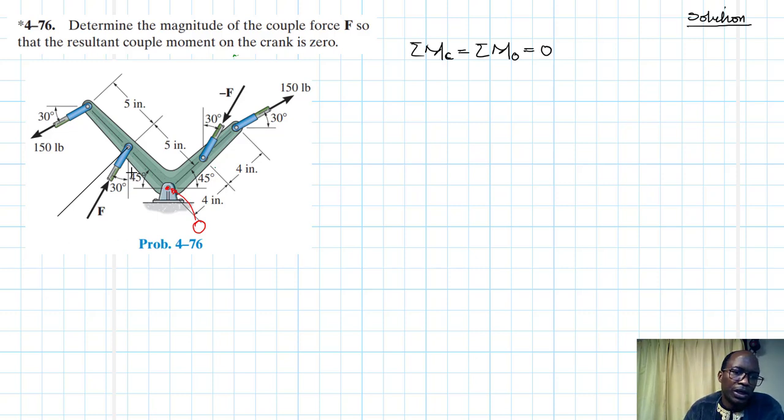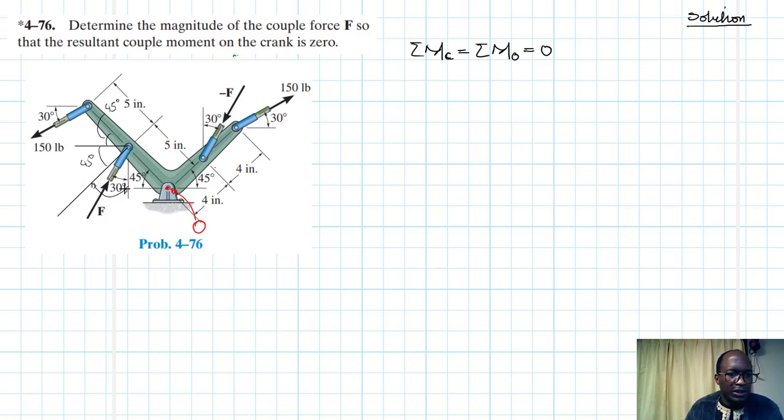That is the perpendicular line to this particular member, and we know that this angle here is 45. If that is 45, this is also 45, and this is also going to be 45.